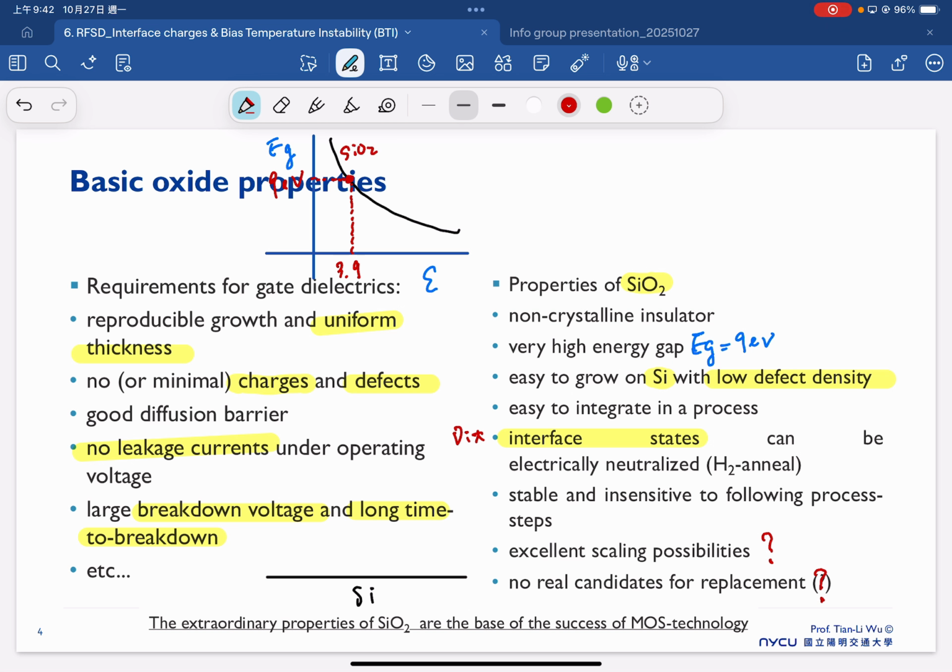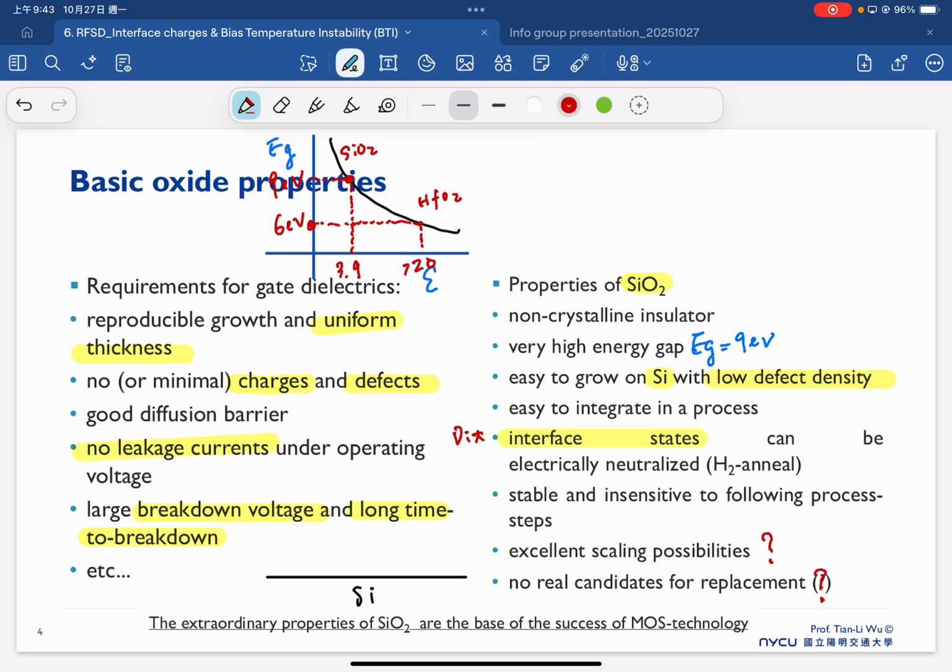But on the other hand, the one with a lower band gap, for example, hafnium oxide, which has 6 electron volts, although it has a lower band gap, always has a large dielectric constant, which is larger than 20 here.